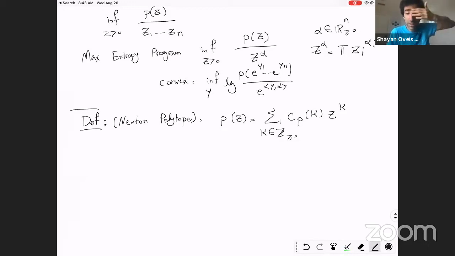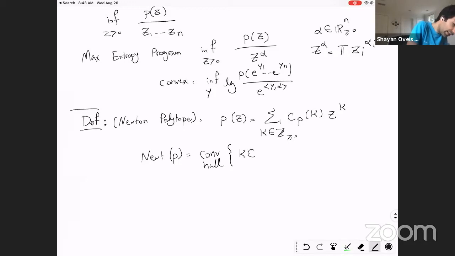The support of this polynomial is all kappas for which c_P of kappa is non-zero. Then the Newton polytope of P is basically the convex hull of all vectors kappa in the non-negative reals such that the coefficient of kappa in P is non-zero.